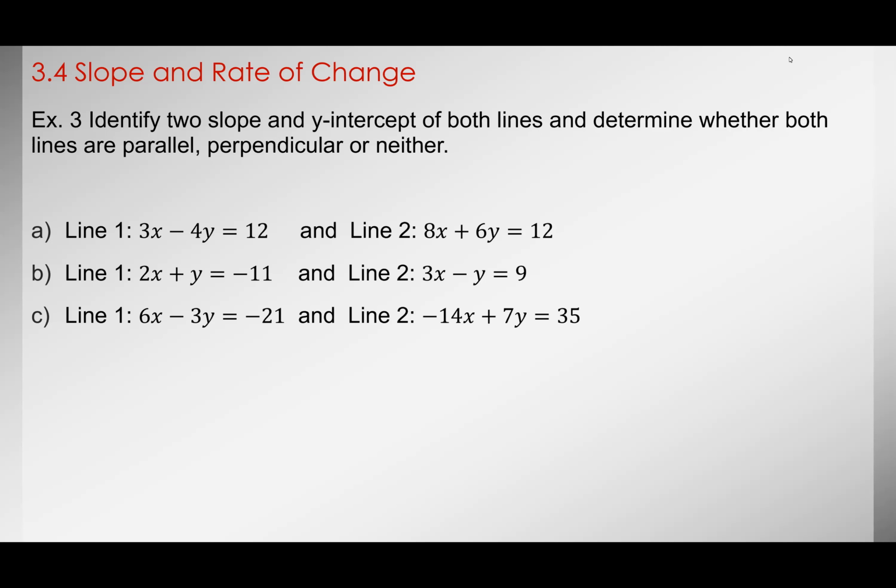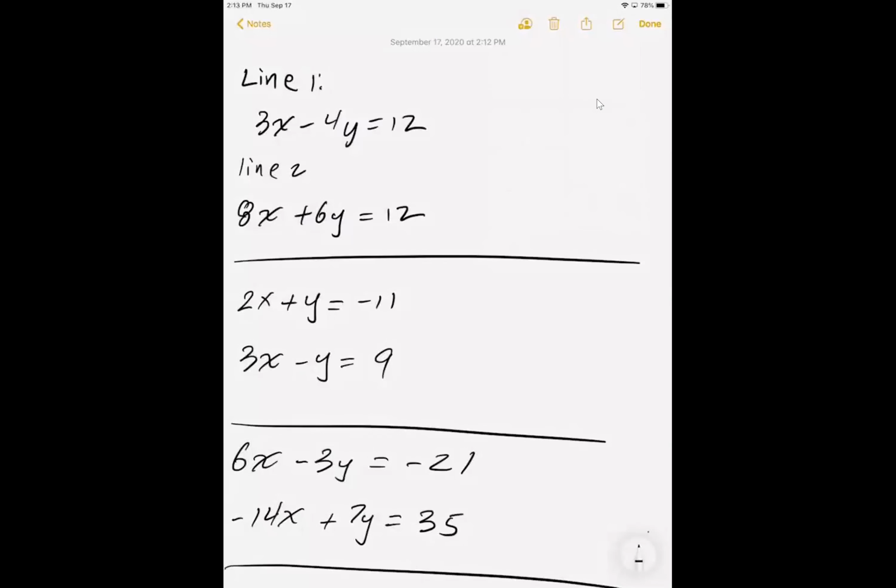So let's take a look at the first problem, 3x minus 4y equal to 12 and 8x plus 6y equal to 12.